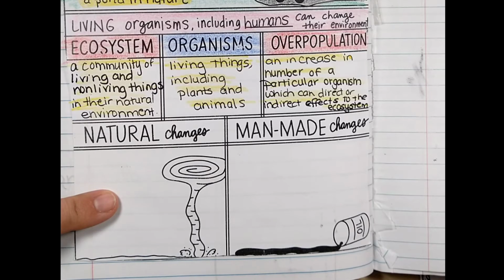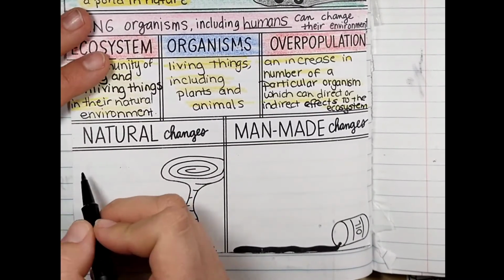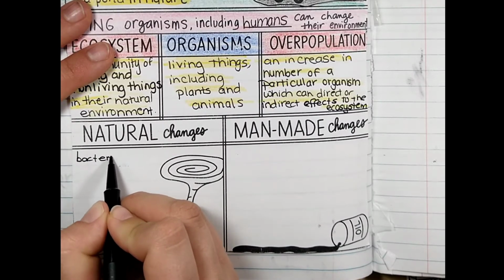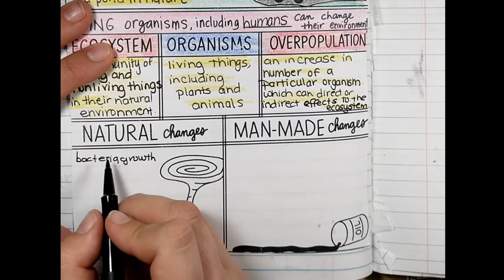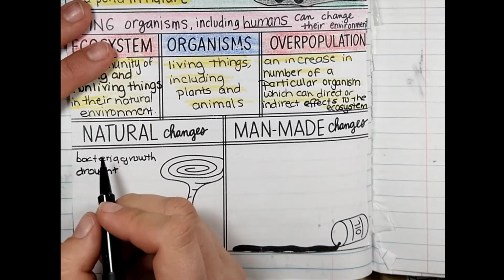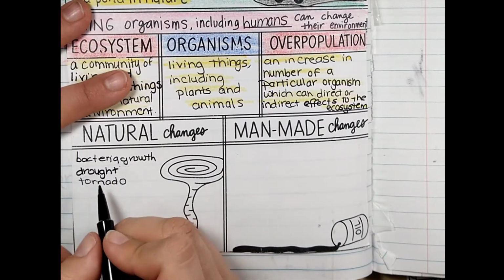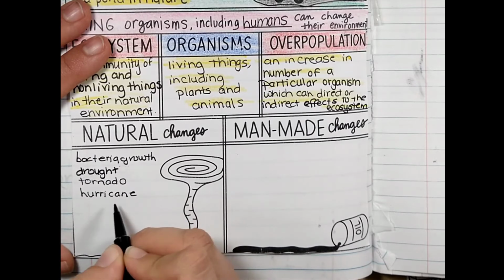There are several ways that nature could affect our environment. One of them being bacteria growth, like red tide. A drought, which means no rain in a certain area for a long period of time. Tornadoes. Hurricanes. Floods.